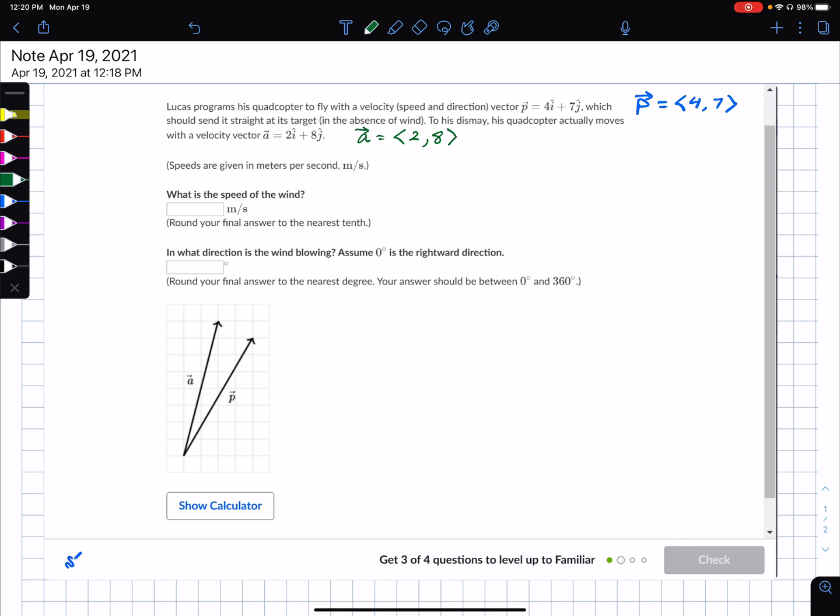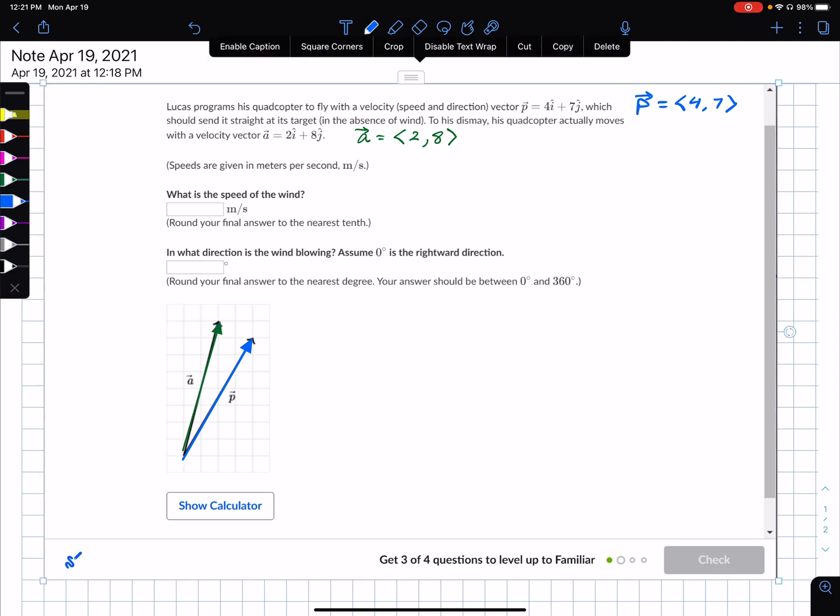The reason I like the term resultant vector is because if you look at the drawing down here, I'm going to color code these two while I'm at it. If you take a look at the two vectors and read through the situation, the little quadcopter is programmed to fly in the speed and direction of the blue vector, but it ends up flying the speed and direction of the green vector because of the wind.